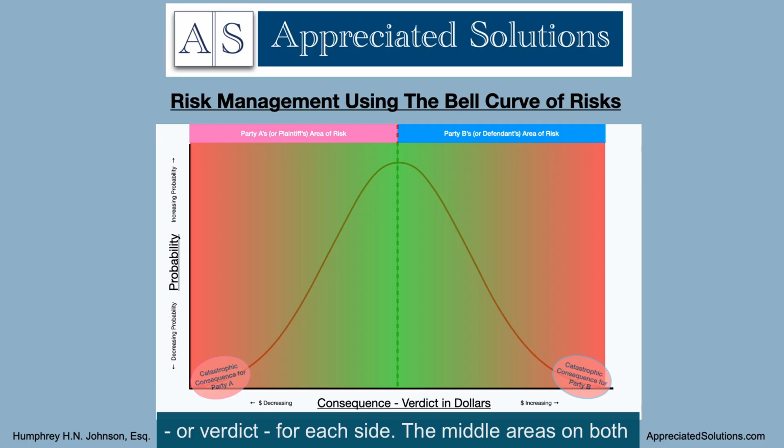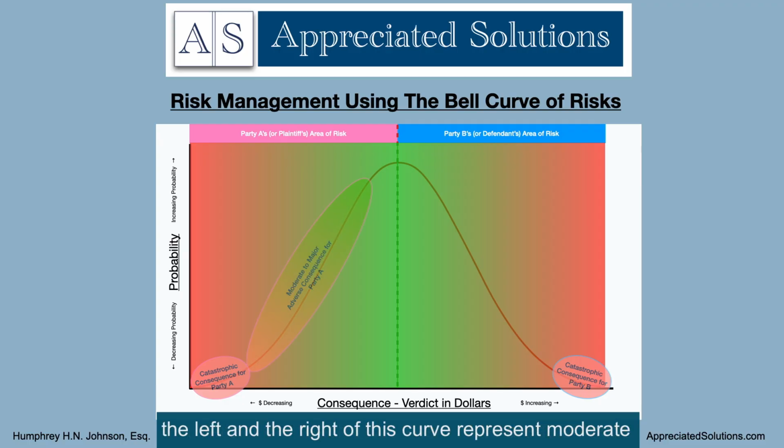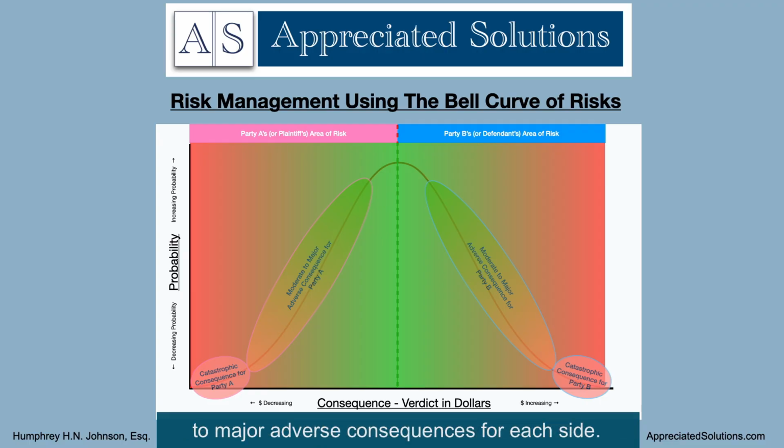The middle areas on both the left and the right of this curve represent moderate to major adverse consequences for each side. The middle area around the apex of the curve represents the most probable result, which, at worst, has negligible to minor adverse consequences for each side.